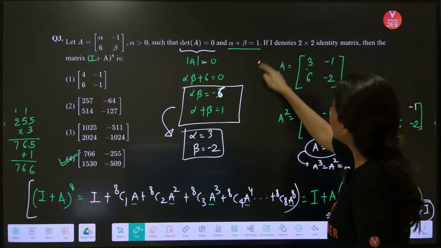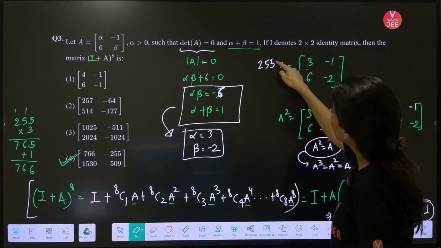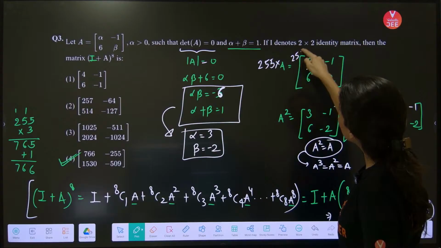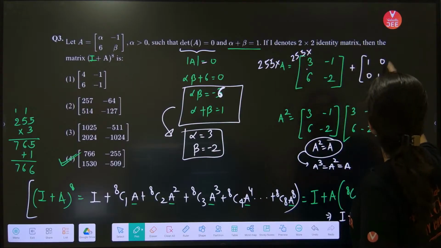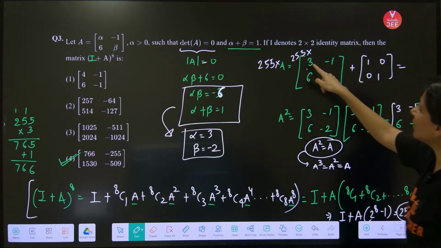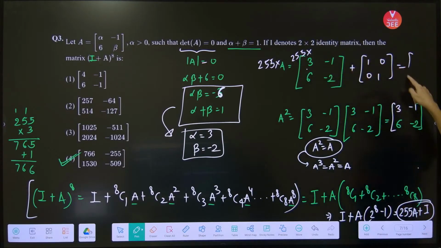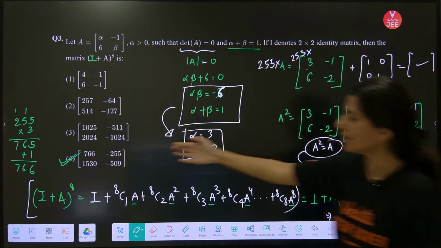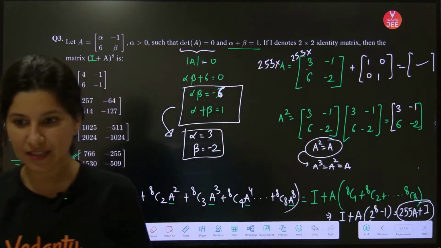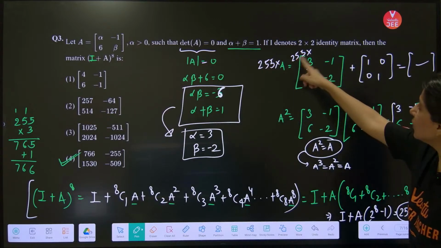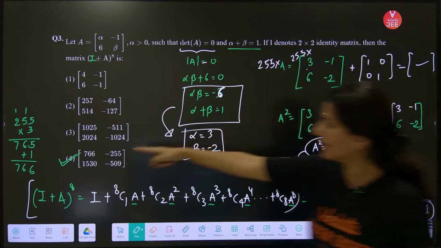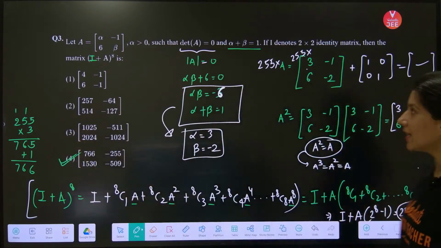So multiply 255 plus I. Calculate. See, 255 into 3 plus 1. Create that matrix. You will realize option D will be absolutely right. The calculation part is already done here.